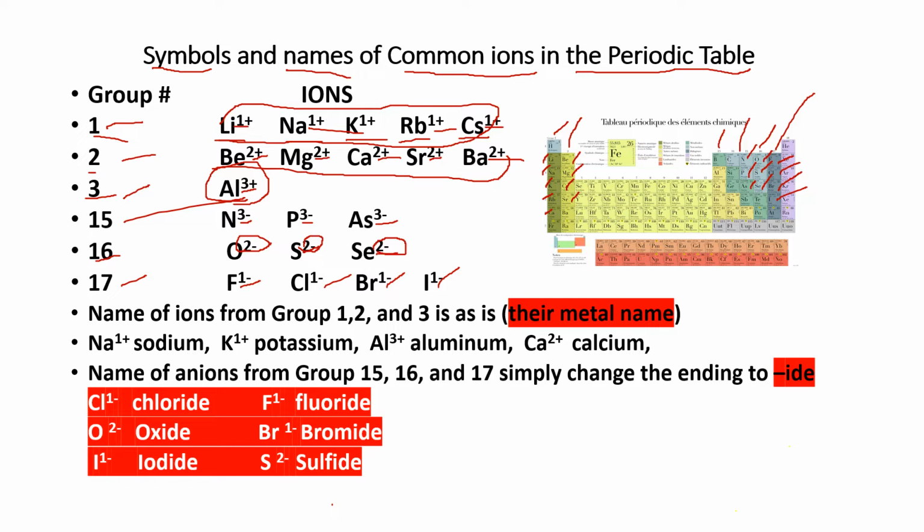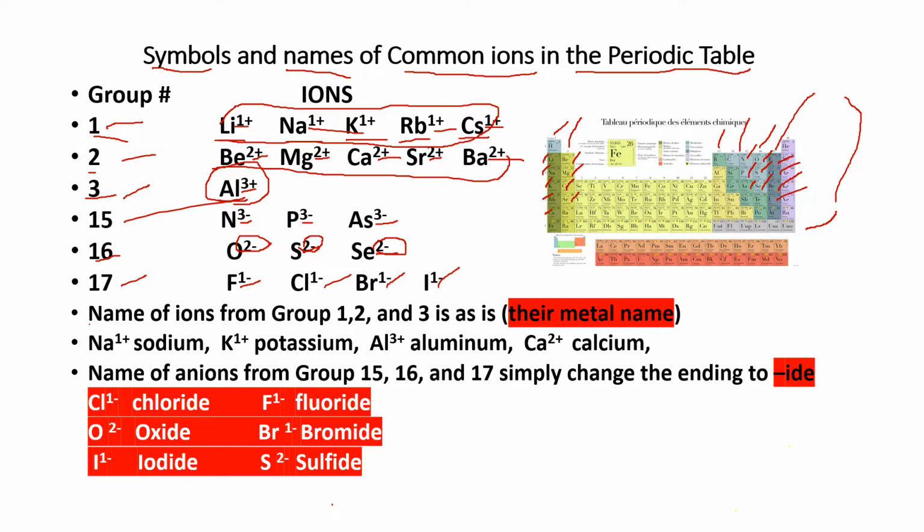So by merely looking at the periodic table, we will be able to know the symbols and names, likewise the charges of this group 1, group 2, group 3, 15, 16, and 17.